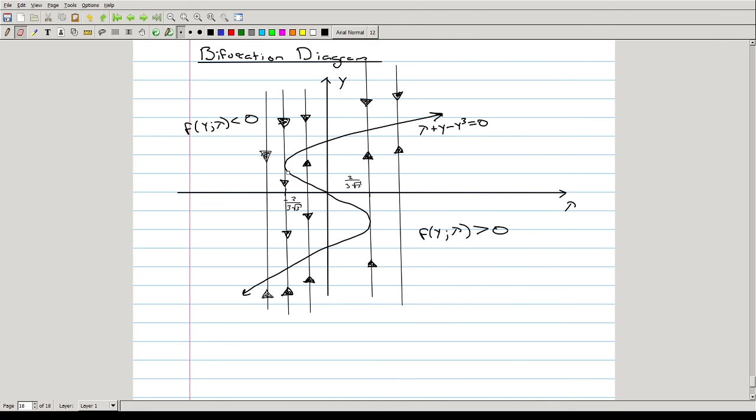So we'll draw this as a dashed line, or dash curve, because it's representing critical points that are unstable. And this is what a bifurcation diagram looks like for hysteresis.